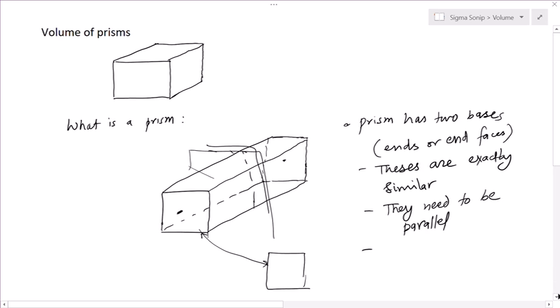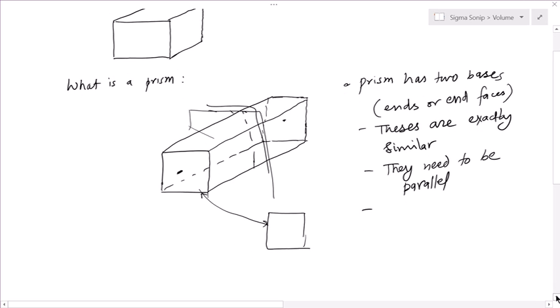In mathematical language, we call it a uniform cross section. So prisms have uniform cross section, which means that no matter where you cut them along their length, you will get the same shape, the same area, the same face, and that's what makes it a prism.